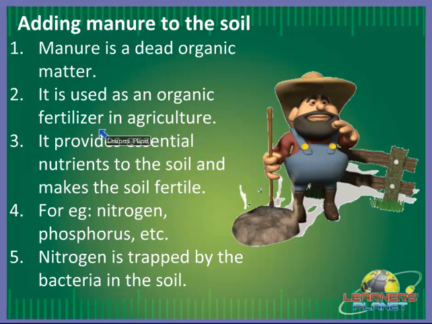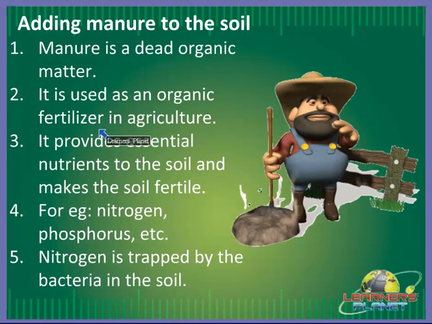So when all these nutrients mix up with the soil, it will make the soil fertile, and it is an organic matter. So organic matter will mix up with the soil to make the soil fertile. And that is why we can say that it can be used as an organic fertilizer in agriculture, right?